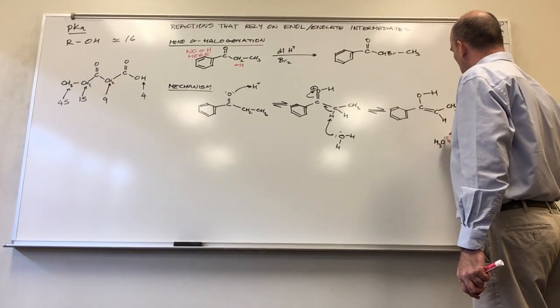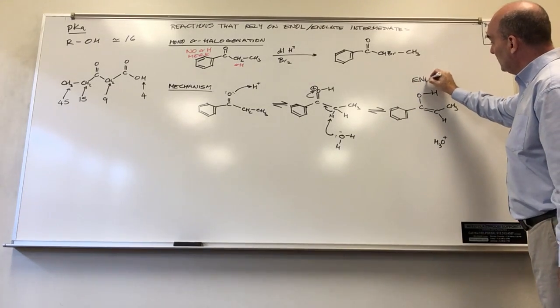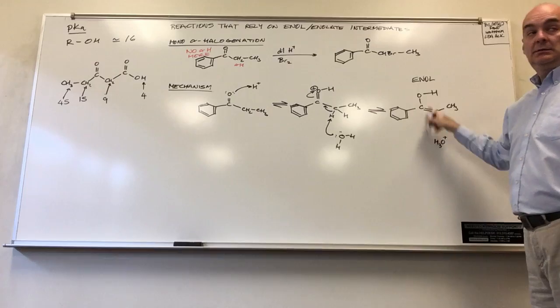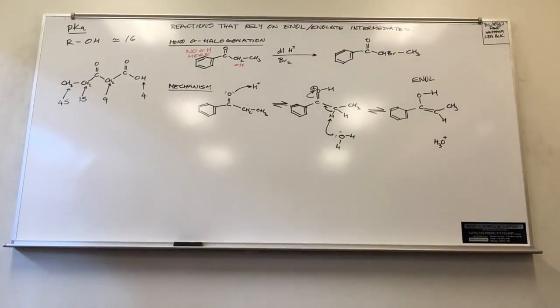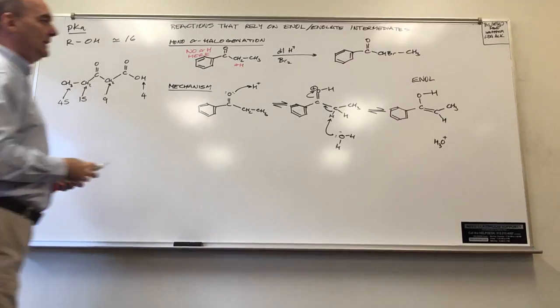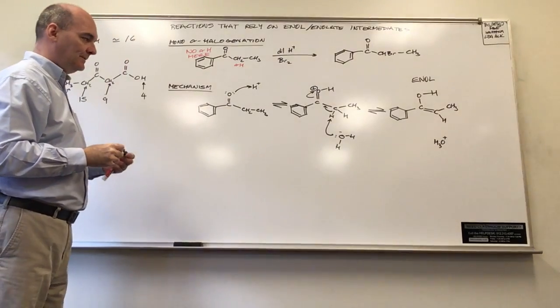And I've got H3O plus right here. That is my enol, part alkene, part alcohol. So I've made the enol just by putting it in acid.